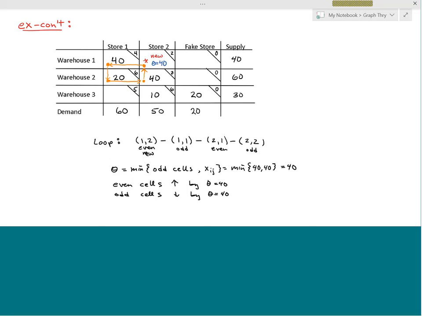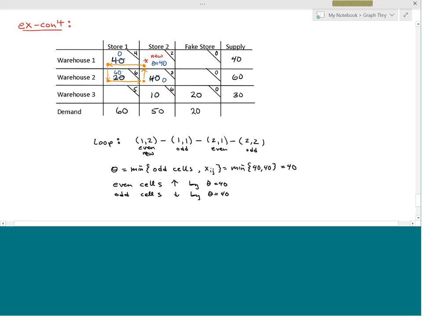The odd cells, so following the loop, 1 away, we're going to decrease by 40 on both of them, which zeroes both of them out. And then if we go and wrap around to the last guy, which is even over here, we'll go ahead and increase by 40. So if we add 40 to 20, we will get up to 60.